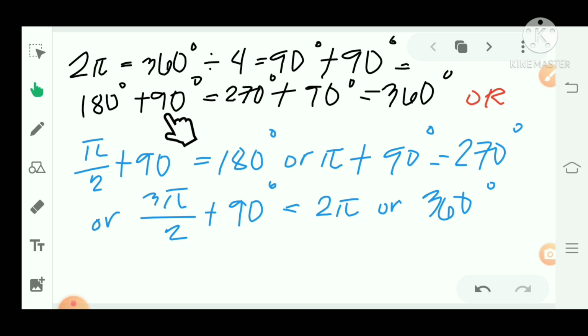Plus 90 degrees is 270 degrees. 270 degrees plus 90 degrees is 360 degrees.